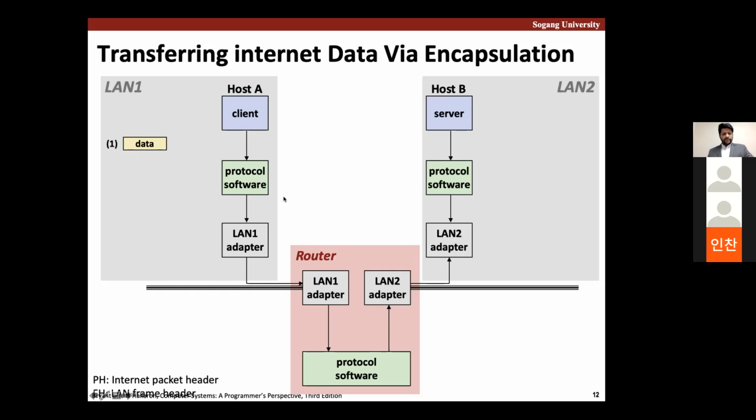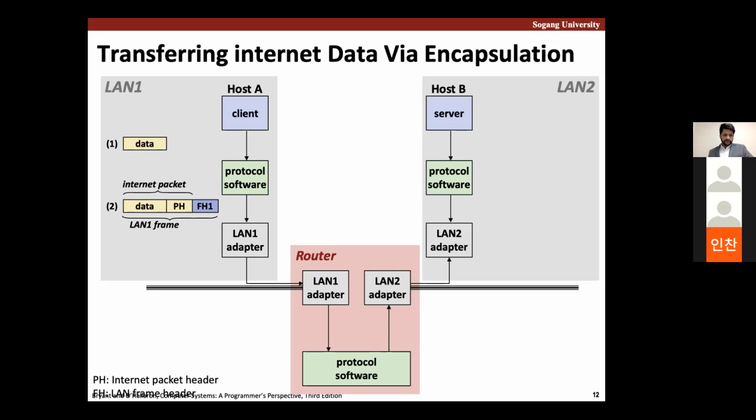The first step is that the client on host A invokes a system call that copies the client's data from virtual address space into the kernel buffer. The second step is that the protocol software on host A creates a LAN 1 frame by appending an internet header and a LAN 1 frame header to the data.